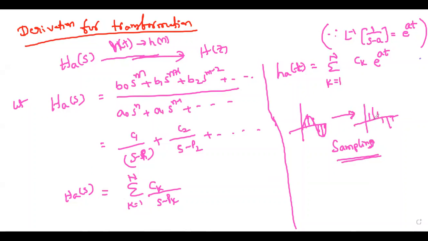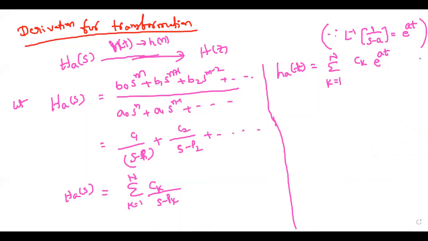If you want to get this as a digital signal, a multi-level digital signal, you have to use the quantization process after this. So we need only the sampling now.